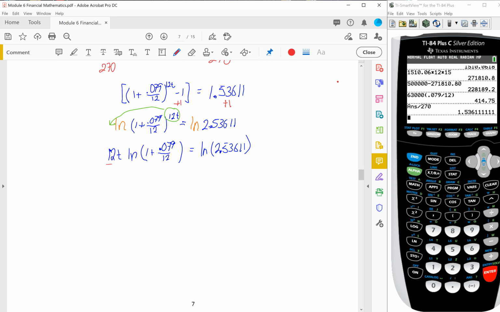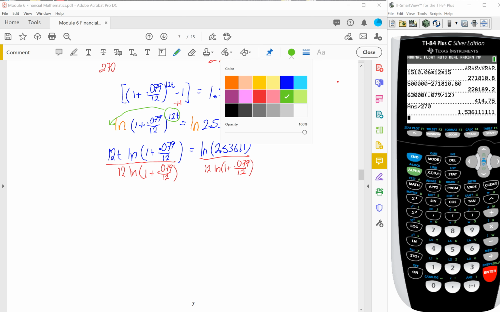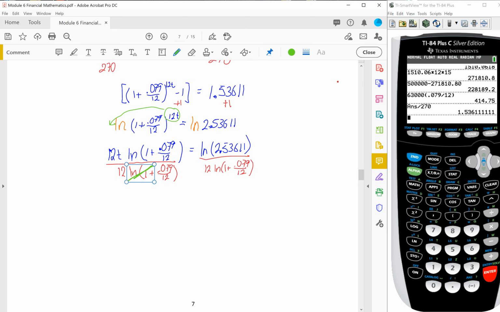And now to solve for t, let's divide both sides by the thing that's not t. And this will allow us to say that on the left-hand side, everything that's not t will cancel.